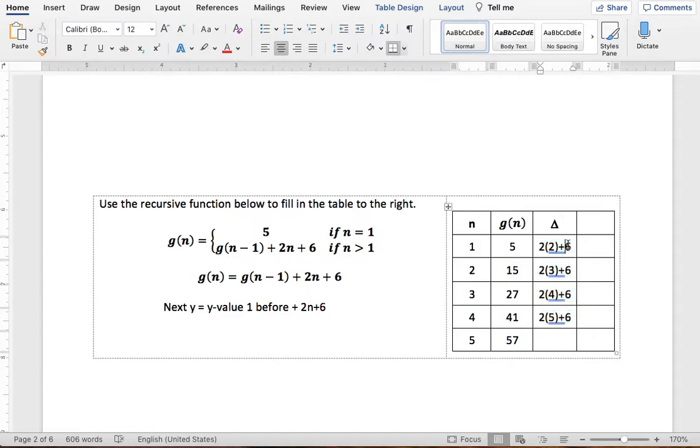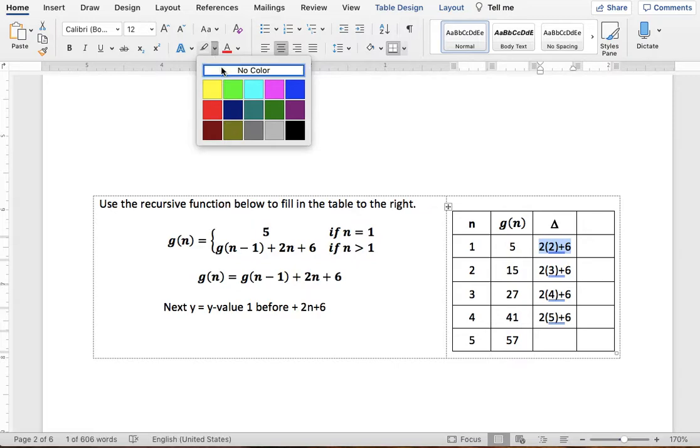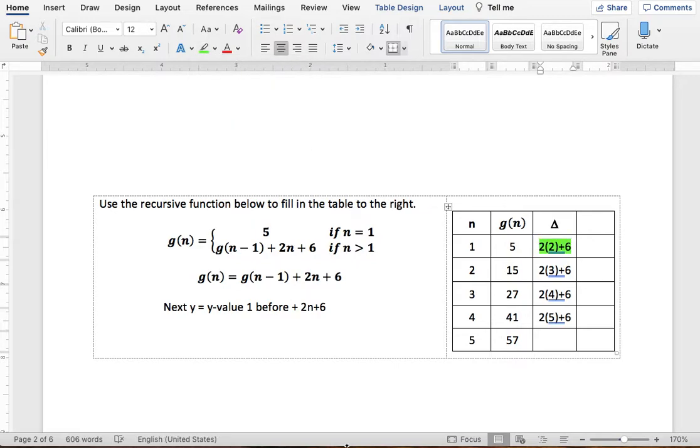Well, if you notice, this right here was created using this 2. If you want to be very specific, then this 2 is really that 2.